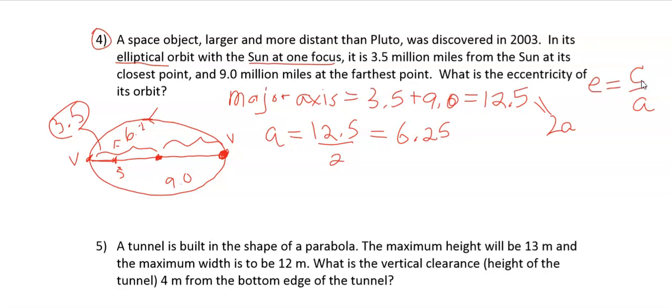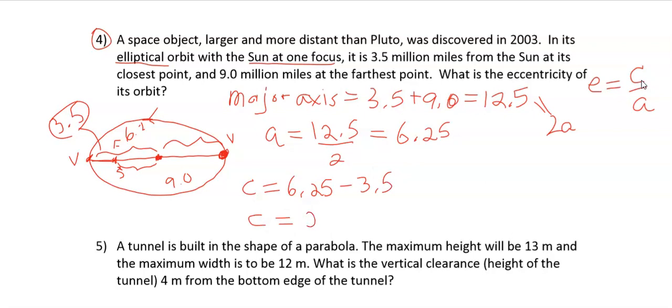I should be able to get the distance from this focus to the center by doing a subtraction. That's my c. So c would actually be equal to, let me see, 6.25 subtract 3.5, and if I'm not mistaken, that should be what?